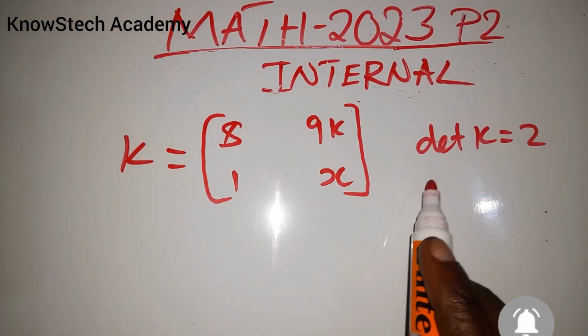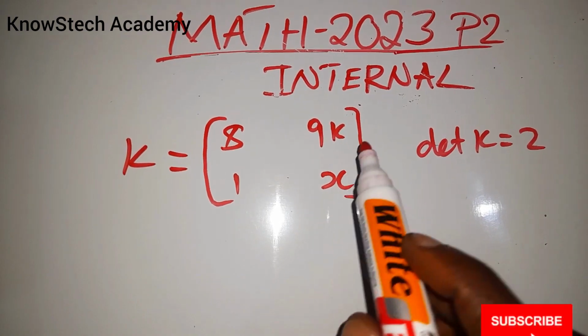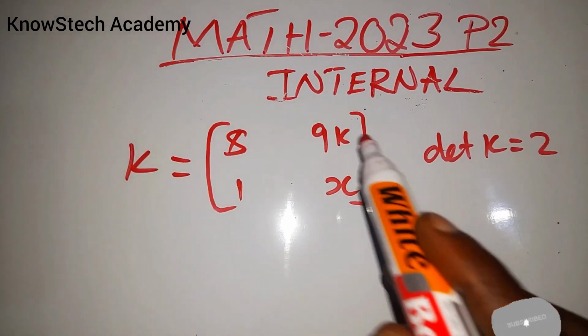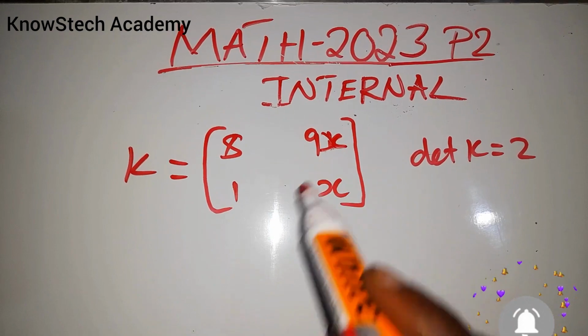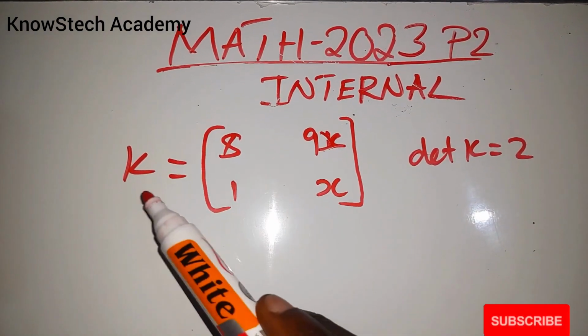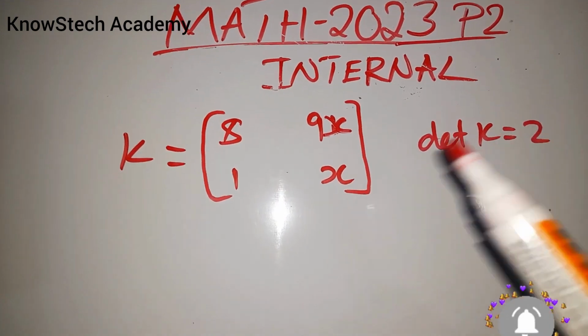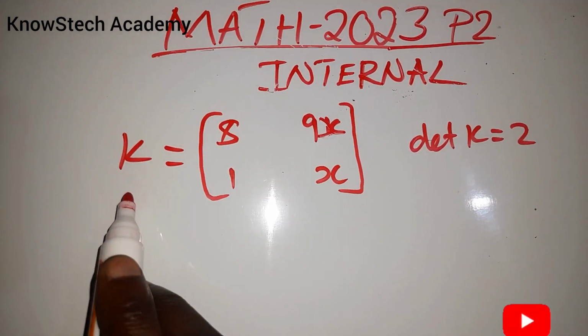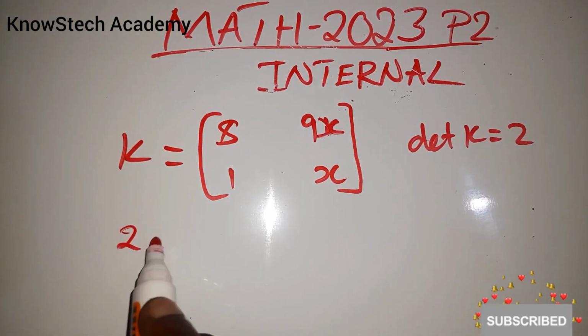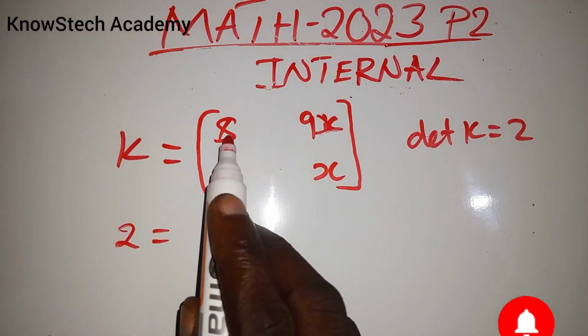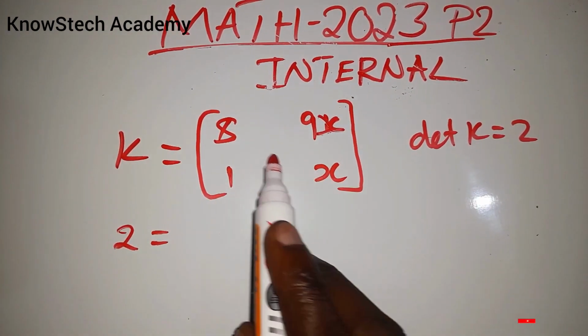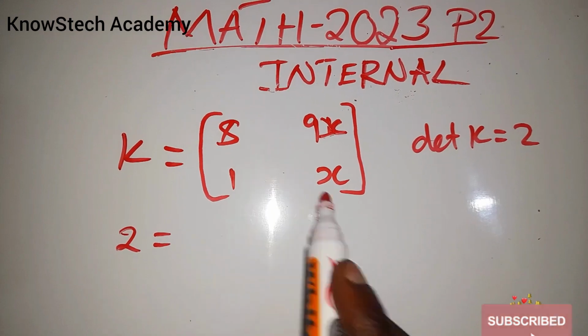We are asked to find the value of x. This is not K. The value of x for which the determinant of K is 2. Okay. So where there is supposed to write determinant, we are going to substitute with 2. Then you multiply numbers in the major diagonal of variables.